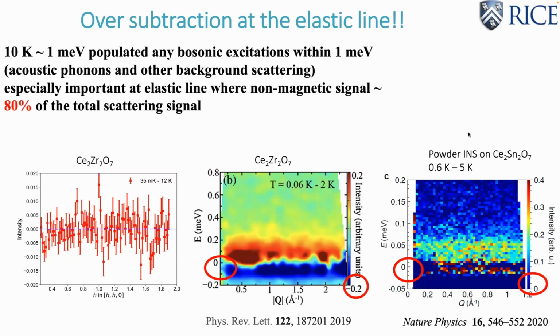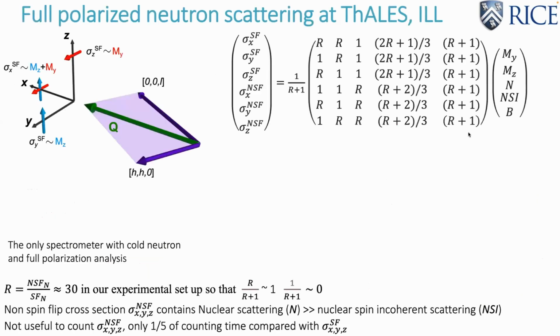The color bar is negative, showing that at the elastic line, there is over-subtraction. This is especially important at the elastic line, when the actual magnetic signal is only about 10% of the total scattering signal. So the method we use here is called fully polarized neutron scattering.